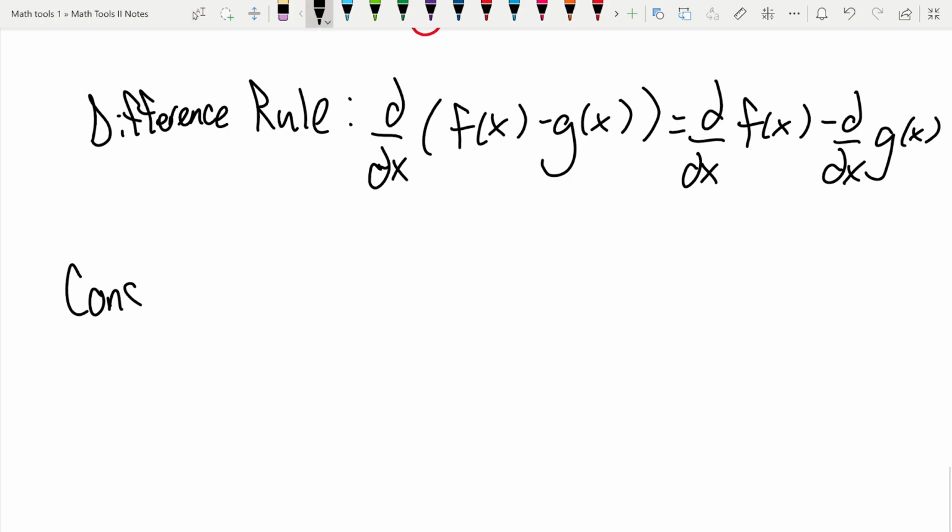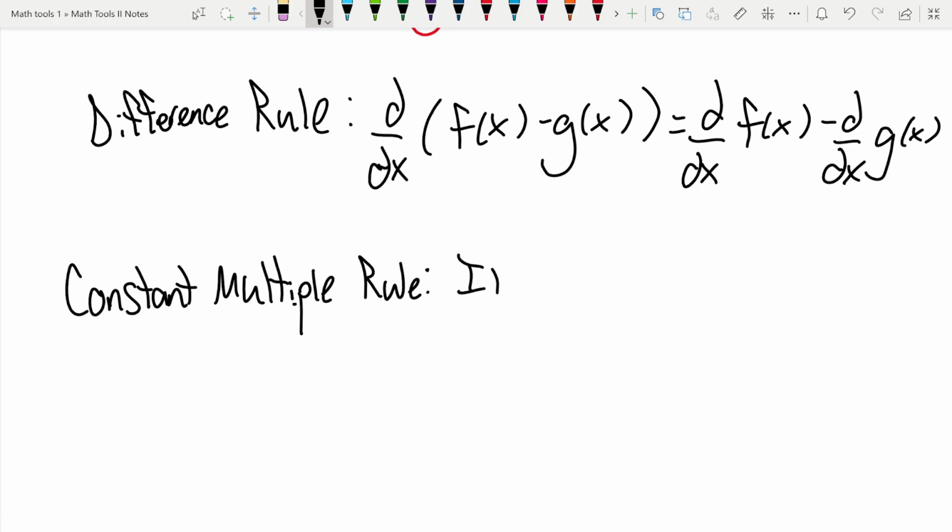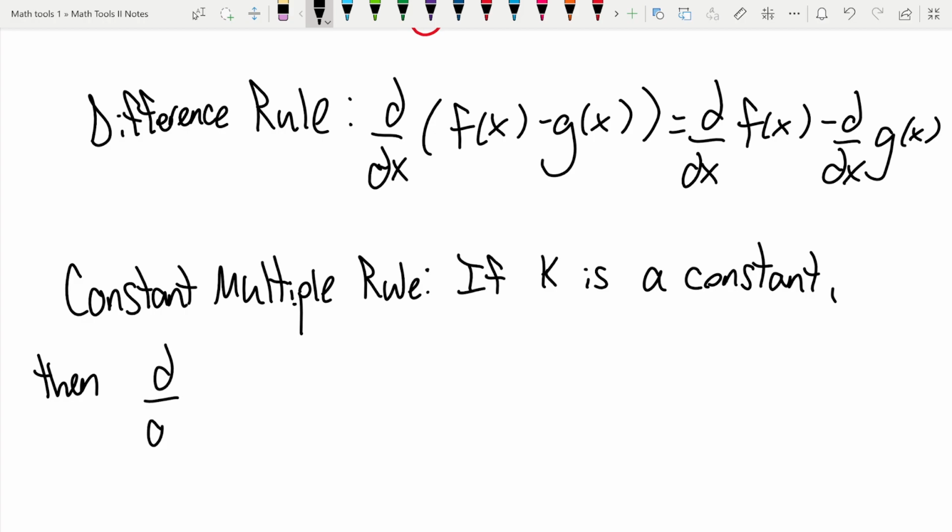And then the next one, the last one, is the constant multiple rule. Okay. So this says if k is a constant, so it's just some number, then the derivative of k times f of x equals k times the derivative of f of x.